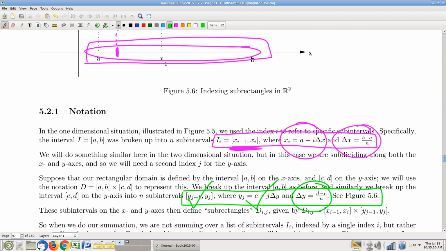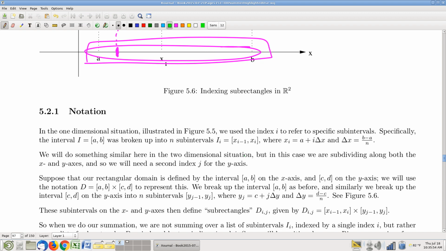Okay, so again, these subintervals on the x-axis and on the y-axis are the corresponding shadows of the sub-rectangles in the actual solid, right?